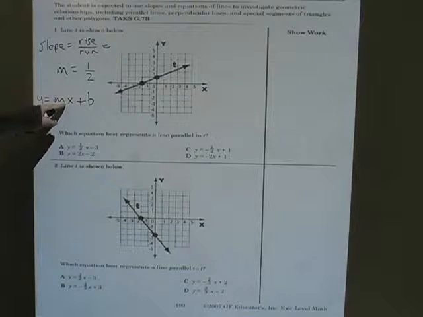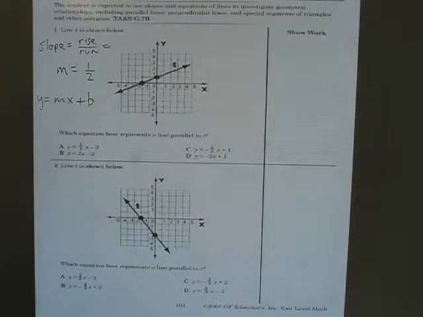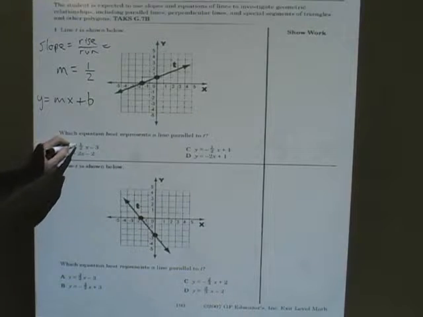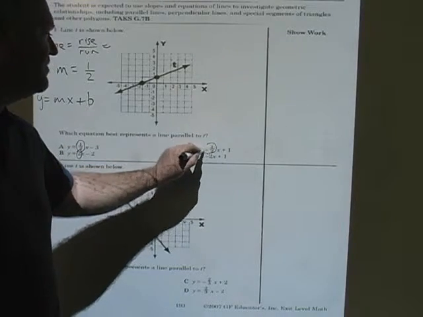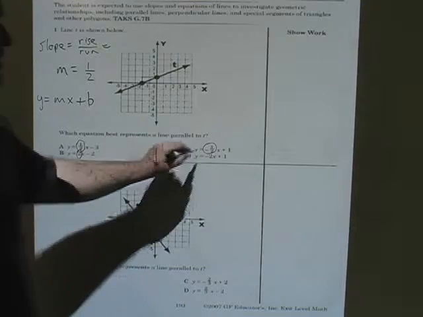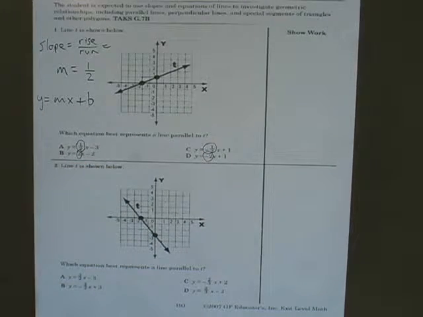It's the number that's in front of the x. So look at these answer choices down here, and you can immediately see what the slope is on each one. This one has a slope of 1/2. This one has a slope of 2. This one has a slope of negative 1/2. And this one has a slope of negative 2.